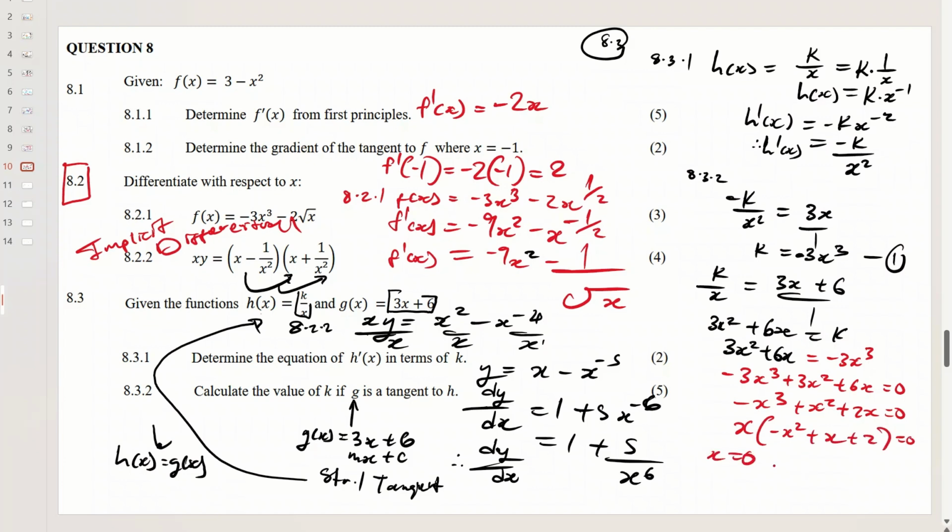So x equals 0. Or you can multiply both sides by a negative. It means now this becomes positive, and then this becomes negative, and then this becomes negative.